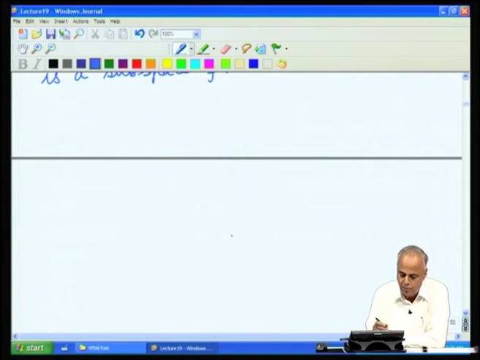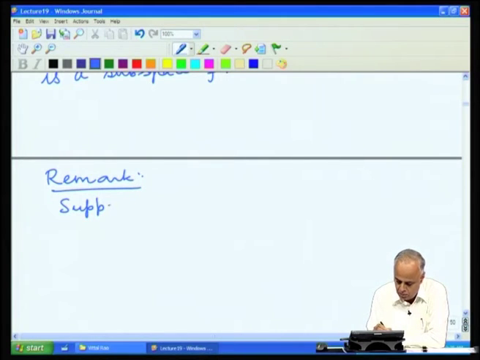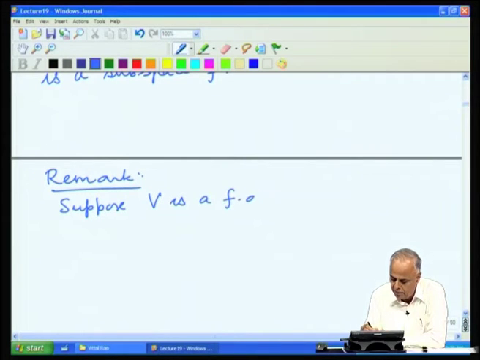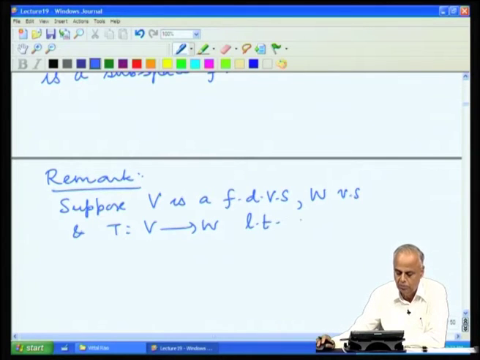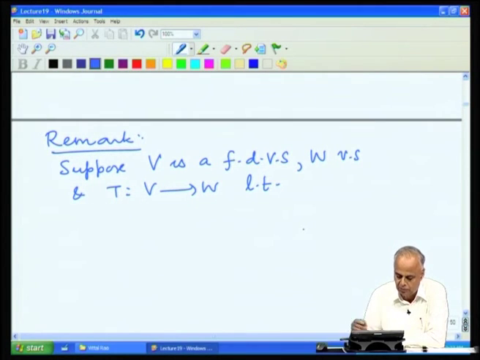Let us make one simple observation. Suppose V is a finite dimensional vector space and T maps V to W, and W is a vector space. We do not know whether it is finite or infinite dimensional space. So, it is some vector space, and T mapping V to W is a linear transformation.